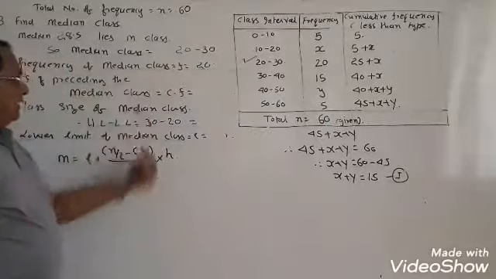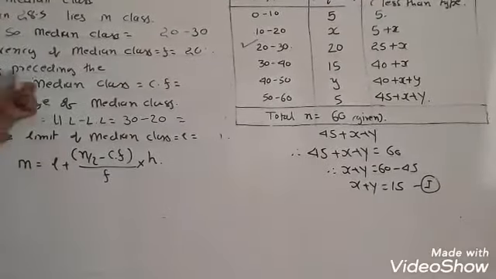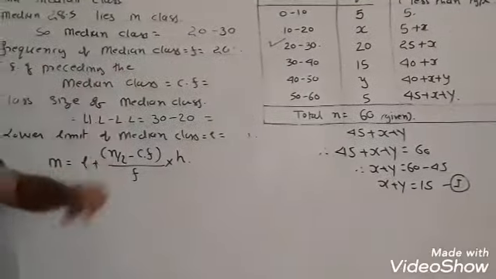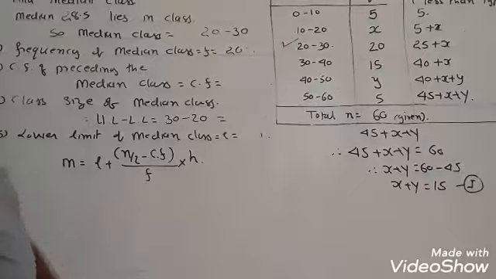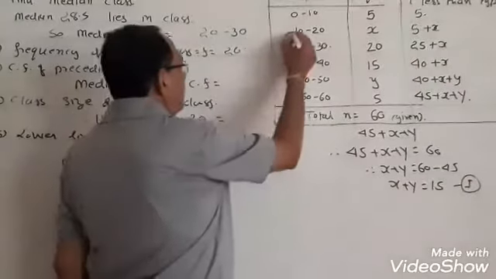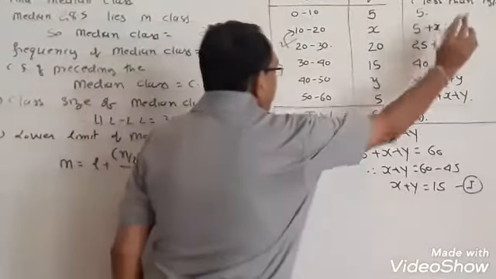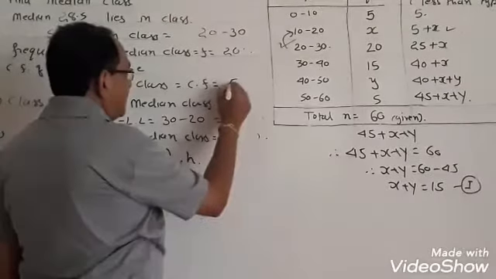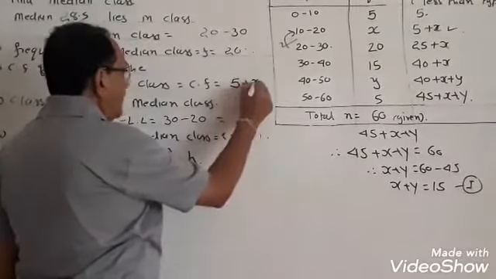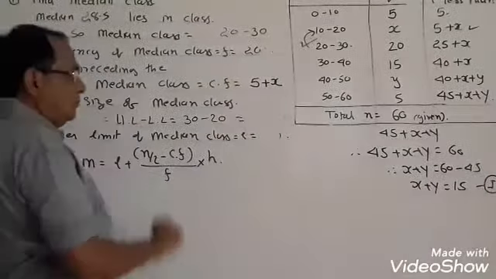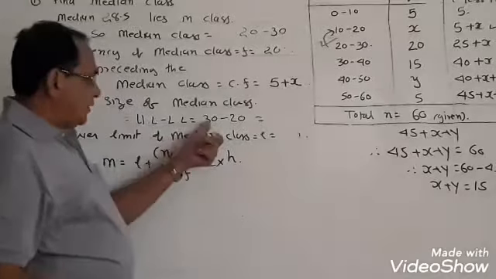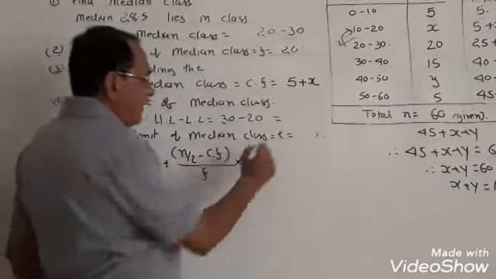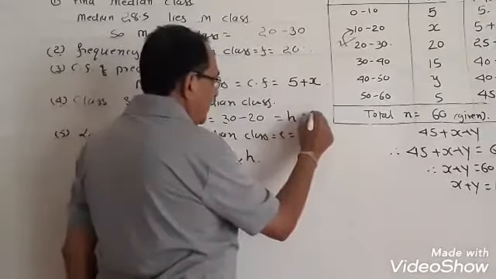Second equation we will get from this formula. Cumulative frequency of the preceding class of the median class: what is the cumulative frequency of the class above? 5 plus x. Class size of the median class is 30 minus 20, h is equal to 10.